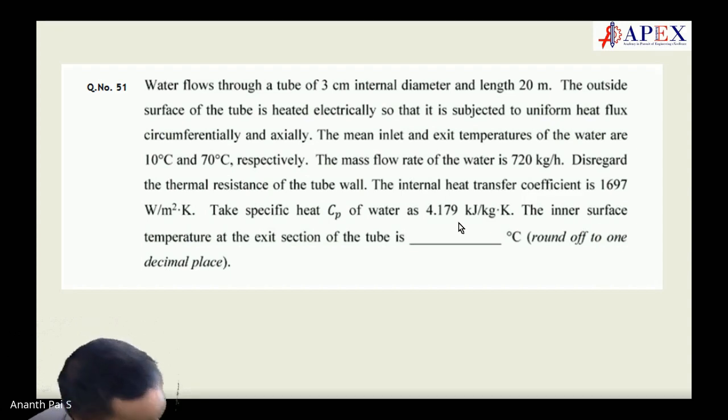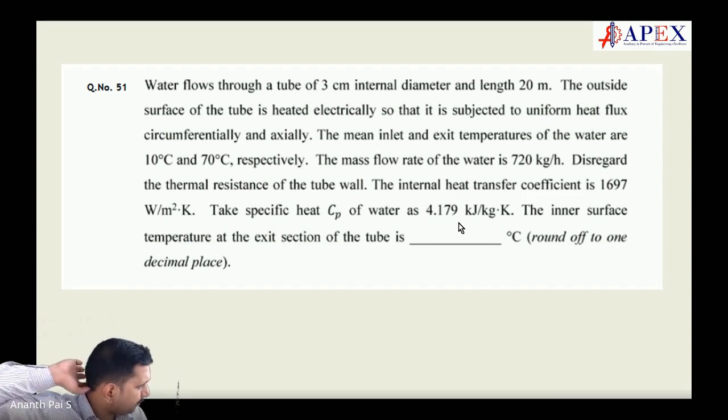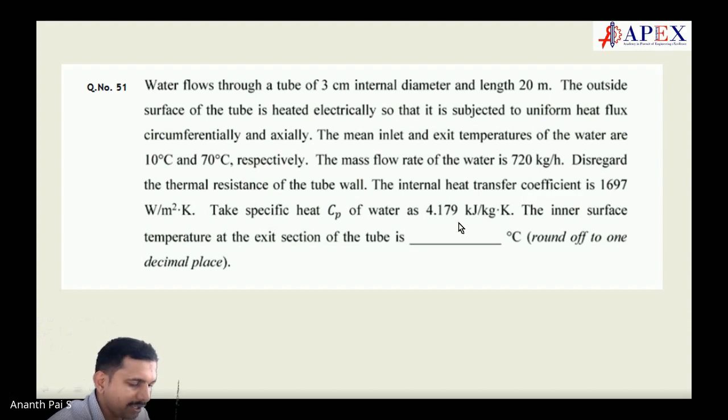See the depth which we have gone. Actually, we have gone into too much depth without noticing. This has come from 2020 ME set 2.